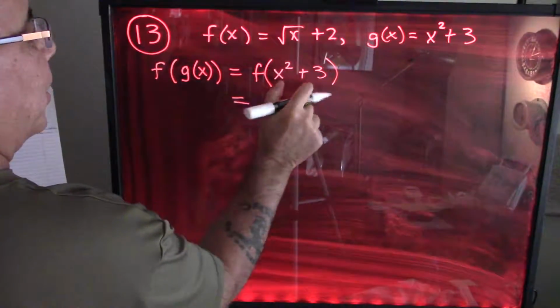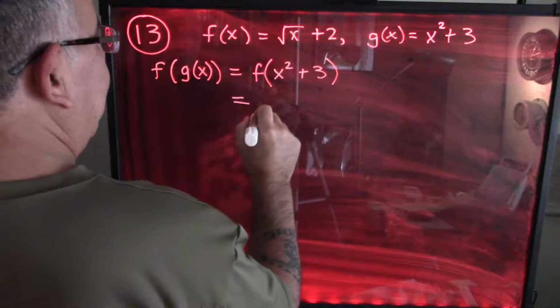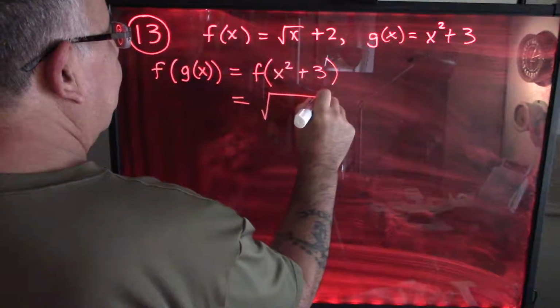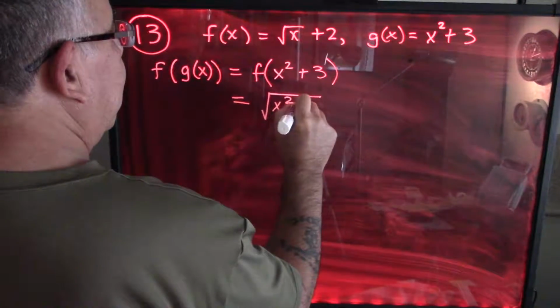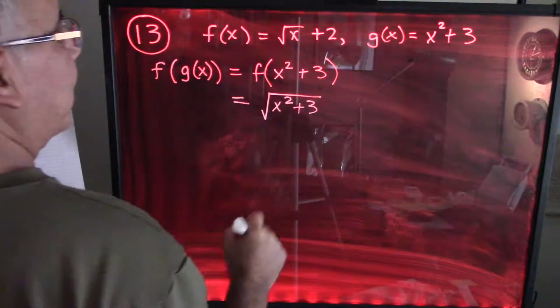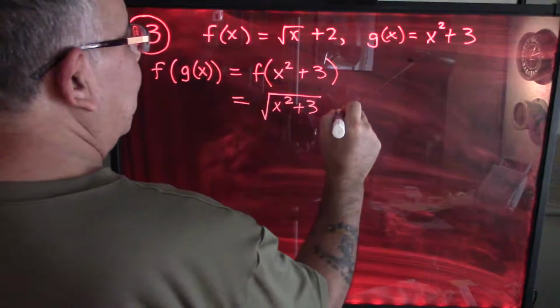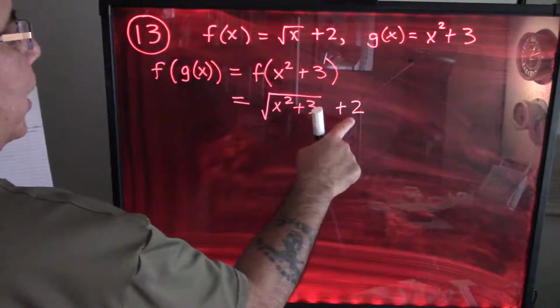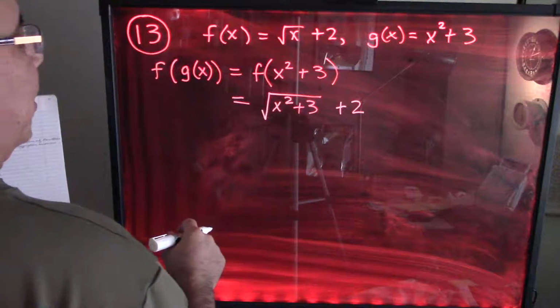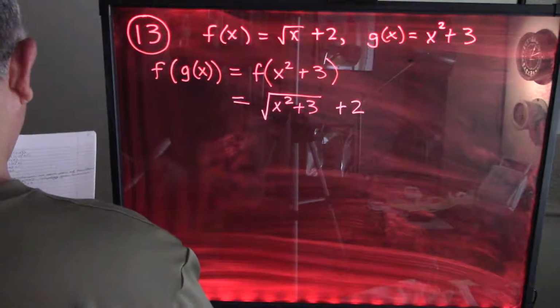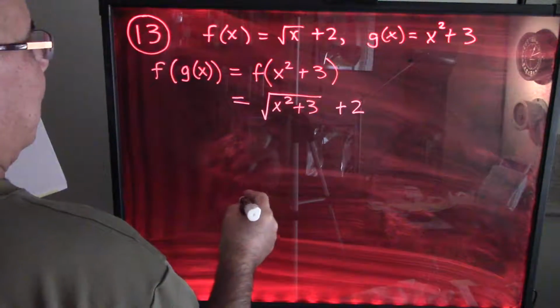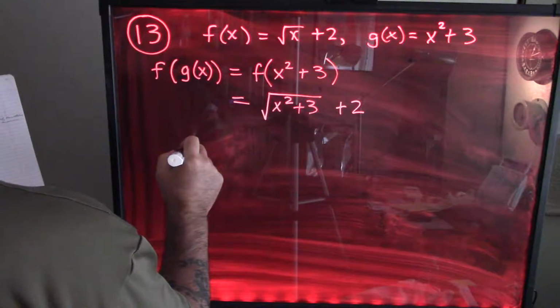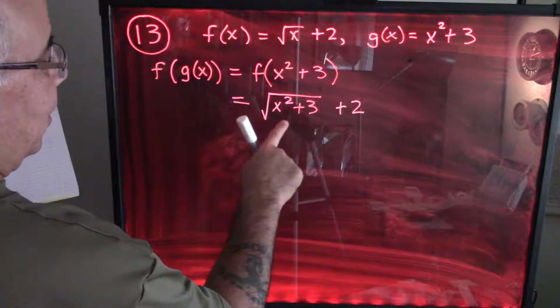Plug the x squared plus 3 right there, and you get square root of x squared plus 3 under the radical, and then plus 2 outside the radical. You could write that as 2 plus square root of x squared plus 3, if you wish, and that would be equivalent. That's about all the simplifying we can do with this.